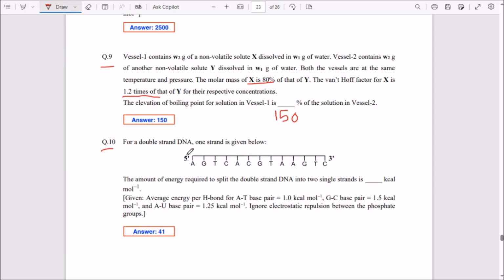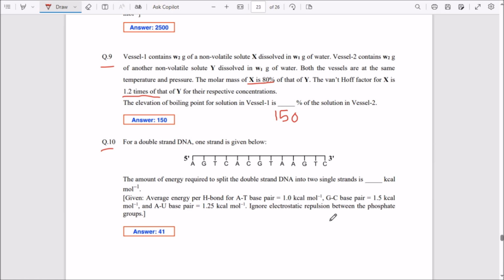Next, question number 10. For a double strand DNA, one strand is given below. The amount of energy required to split the double strand DNA into two single strands is dash kilocalories per mole. Given average energy per hydrogen bond for adenine and thymine base pair is 1 kilocalorie per mole, guanine and cytosine base pair is 1.5 kilocalories per mole, and adenine and uracil base pair is 1.25 kilocalories per mole.